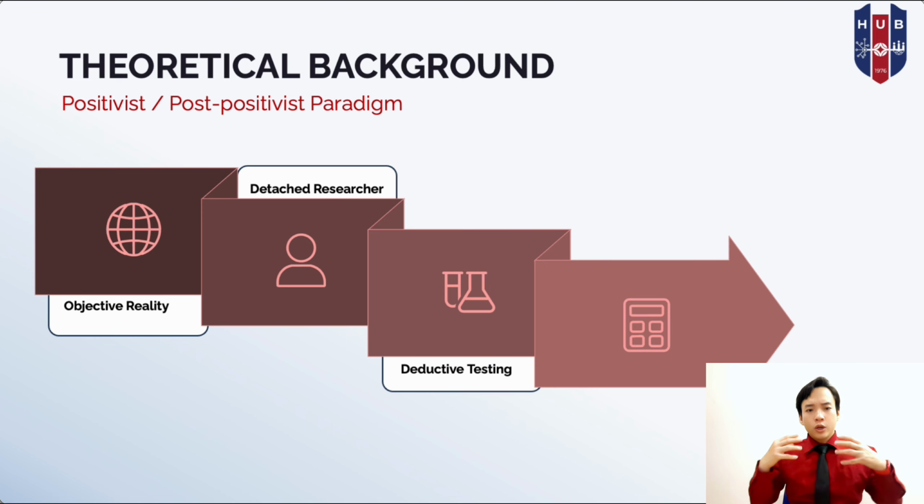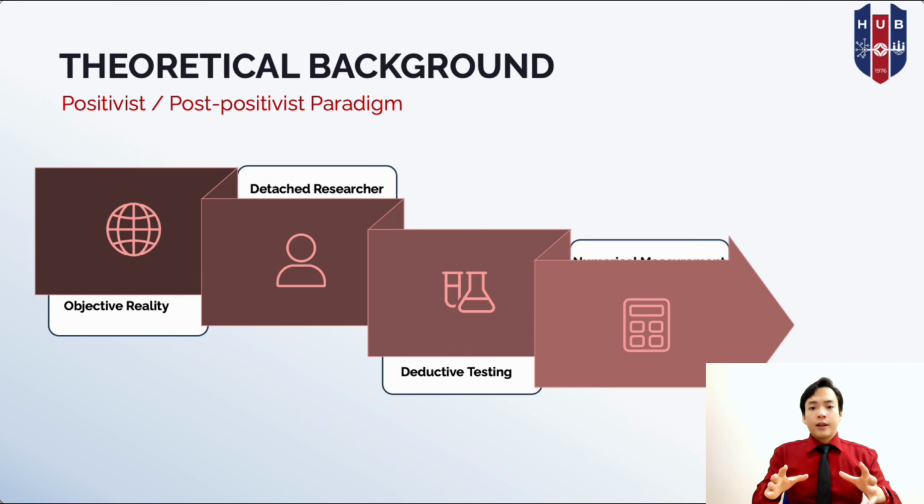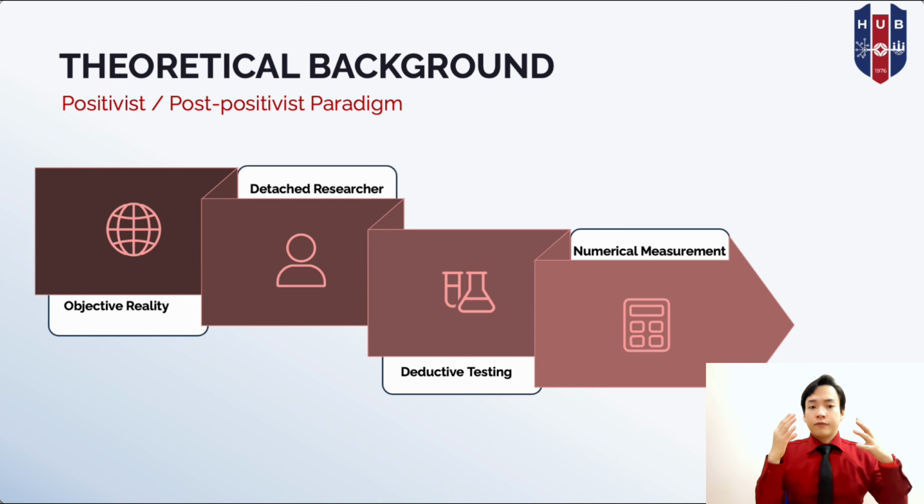The reasoning we use is deductive. We start with a theory, then test hypotheses using numerical evidence. So questionnaires are not just lists of questions, they are tools for scientific measurement. We convert psychological phenomena like motivation or anxiety into numbers that we can analyze with statistics. That is the core of this paradigm.